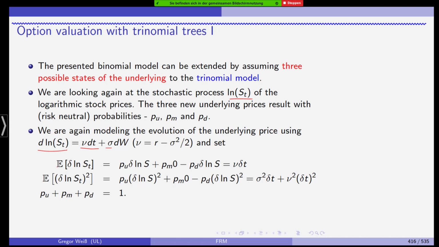Same here, we assume that the expected value of our discrete approximation is nu delta t, which is the expected value in the continuous one, and the same for the variance. And we now require the 3 probabilities to add up to 1, which we didn't need in the first scenario of the binomial model.